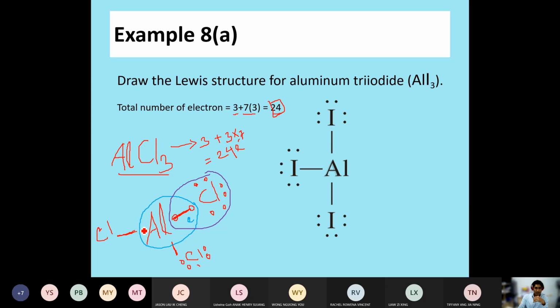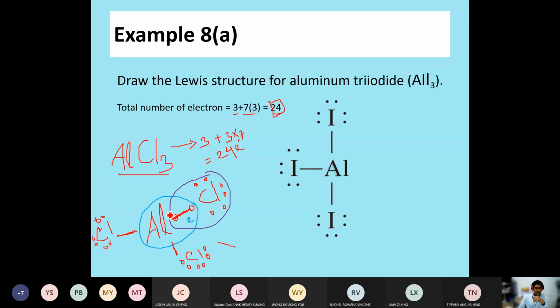We put another 6 electrons here, and with the 2 bonding electrons, this chlorine also has 8 electrons. Same thing goes for here. We put 8 electrons all around this chlorine, I mean 6 plus these 2 bonding electrons, 8. So now you see that all the chlorines have the octet filled up.